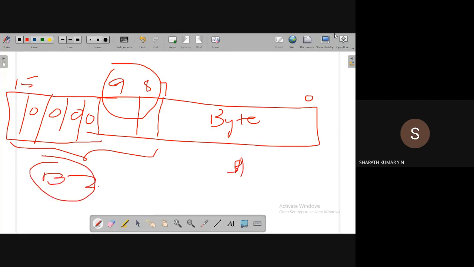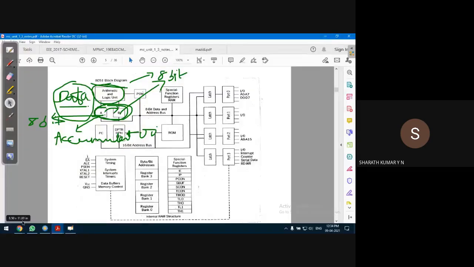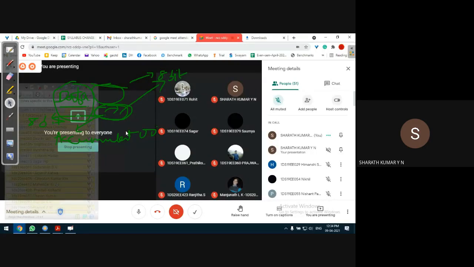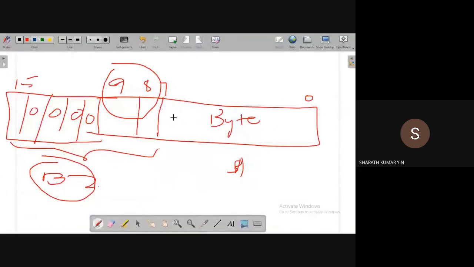So this data can now be applied into the 8051. The understanding here is that data should be at least 8 bits in size.